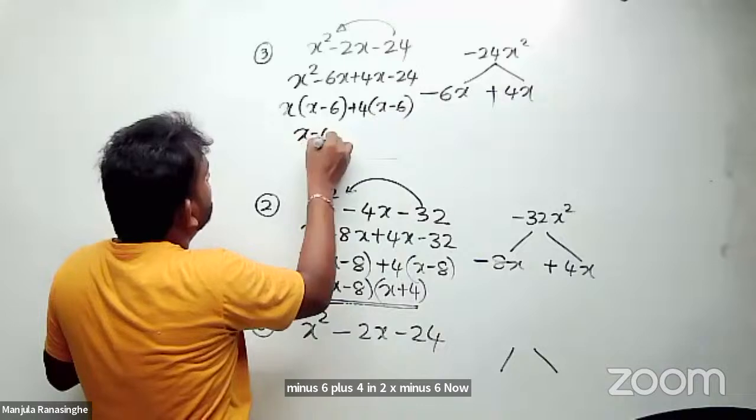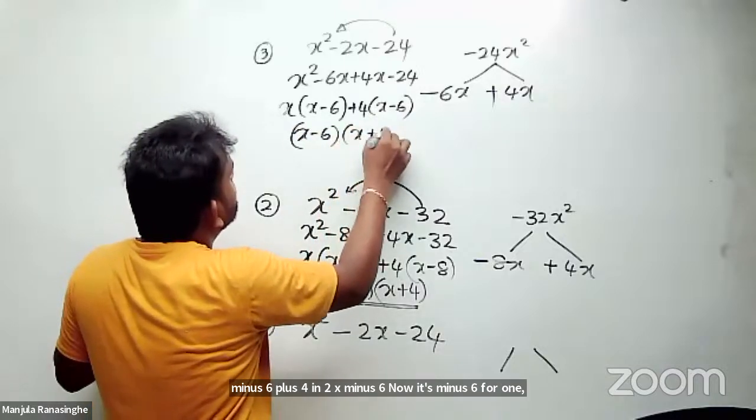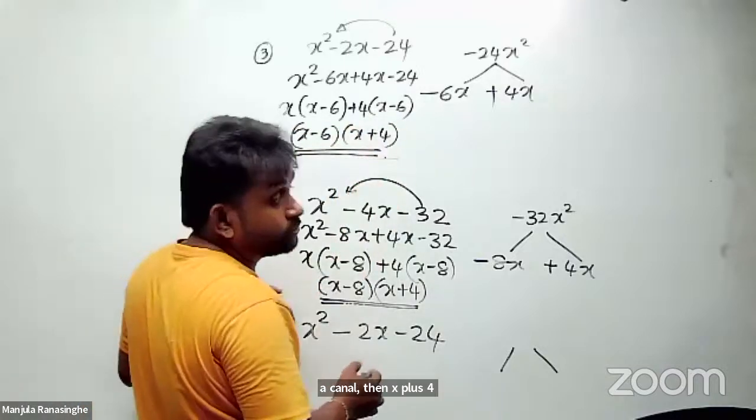Now x minus 6 is common, taken out, then x plus 4. Right. Hands up those who got the answer.